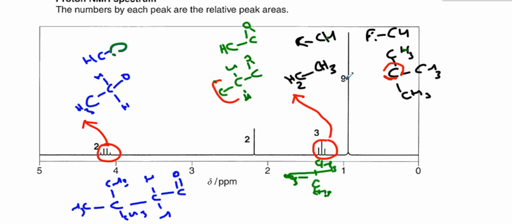I worked out that I had a 9, so I had 3 of those. This peak, I knew that it was an H connected to a carbon, connected to the carbon with the C double bond. I worked out that it had 2 from the area, and it was connected to something with no adjacent hydrogens, because I've got that singlet there. So those two fit together nicely.